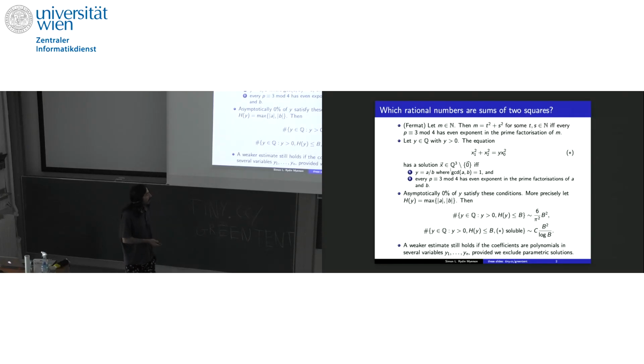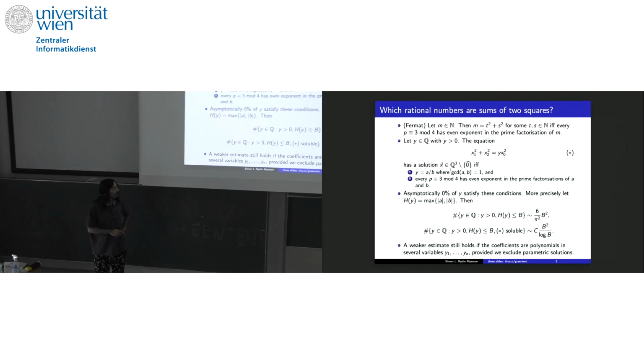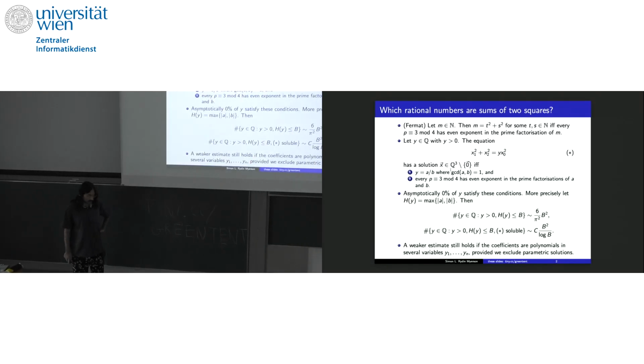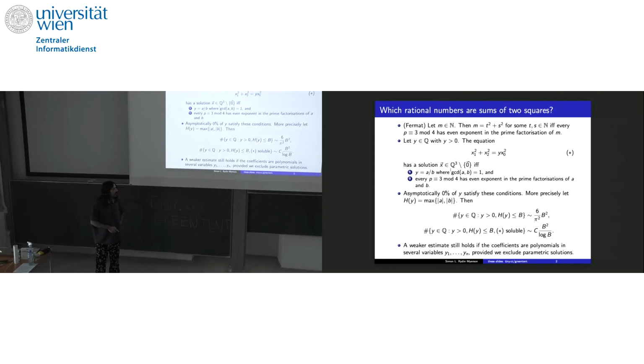Okay, so this is all just fun and games. So what am I really talking about? Well, we can actually consider a more general family here. We can let the coefficients be polynomials in several rational numbers. And it's still true that for most values of the parameters, the equation won't be soluble.